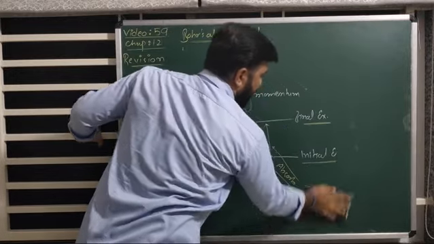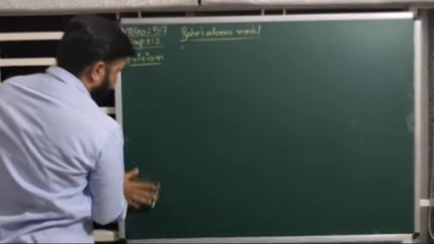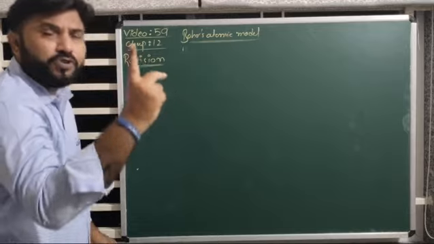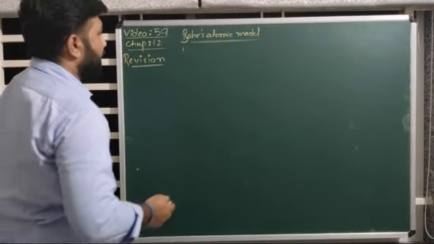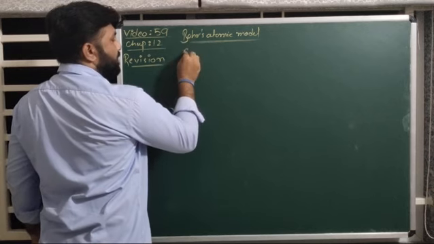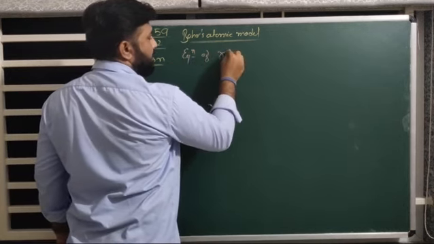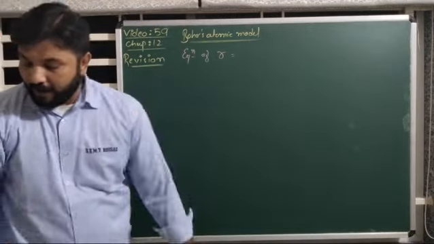Again, we are talking about Bohr's atomic model, and I have told you earlier there are 2 very nice and most important equations: the equation of radius r. What was that equation? Try to recall it.